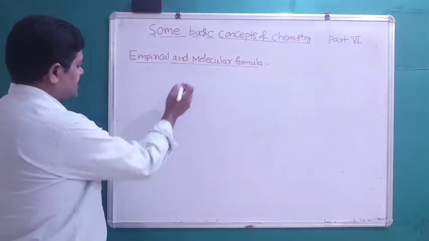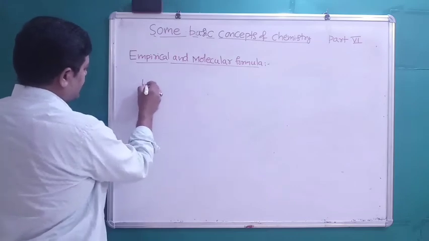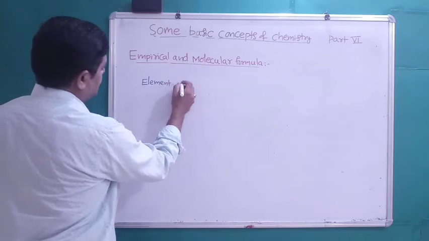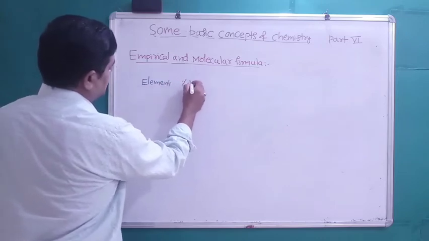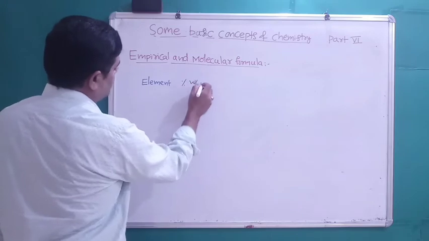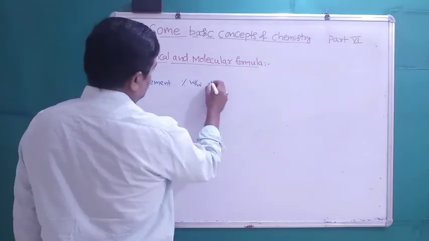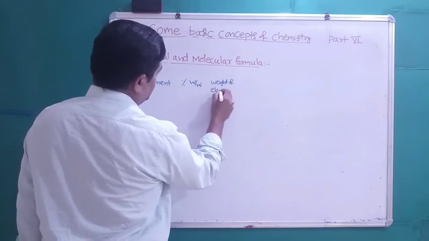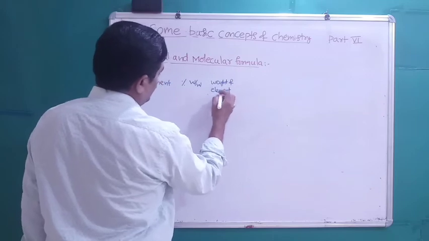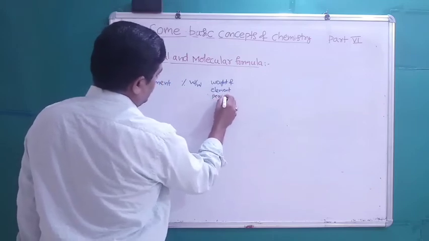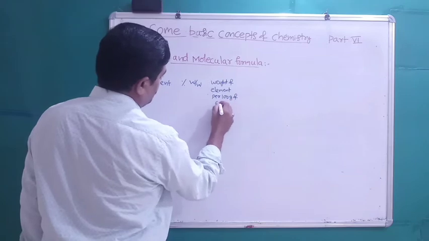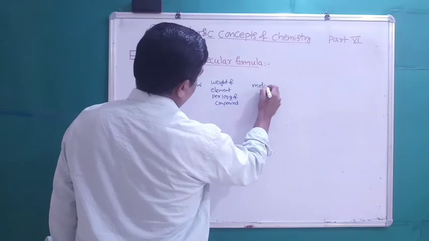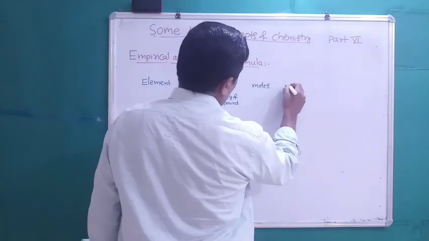To solve this question, first we have to make a table like this: element, percentage weight by weight, which is generally given in the question, weight of element per 100 grams of compound, moles, then mole ratio.